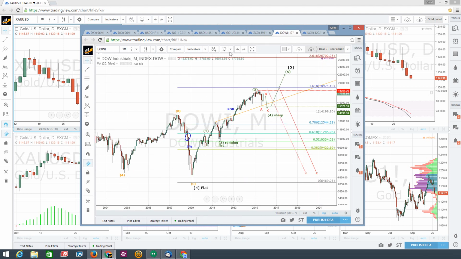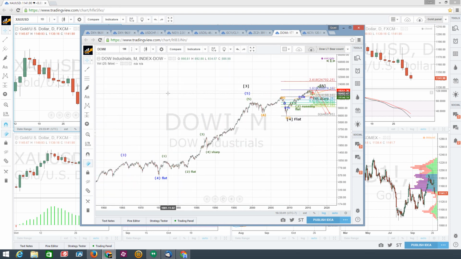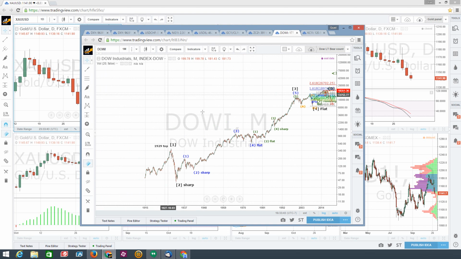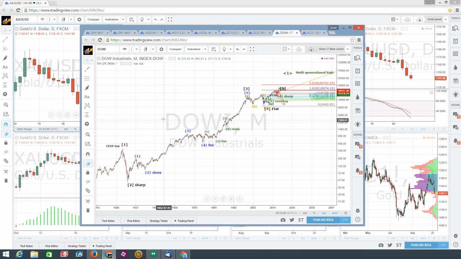All right, let's take a look at the Dow. When I back out here, this is a monthly chart, but this count goes all the way back to 1929. Here's our 1929 stock market crash top. That was the initial wave 1 up, and then we had a sharp wave 2 to the downside on that crash that caused the market to dive some 80, I think it was 89% or more.